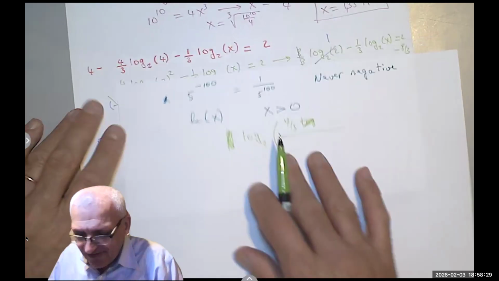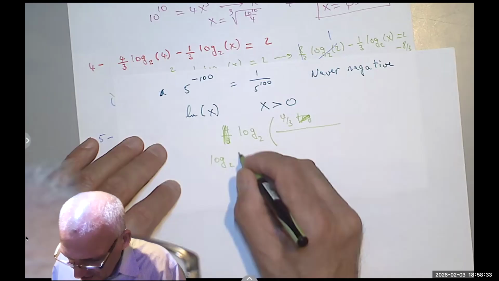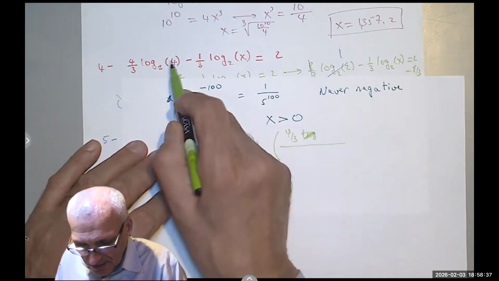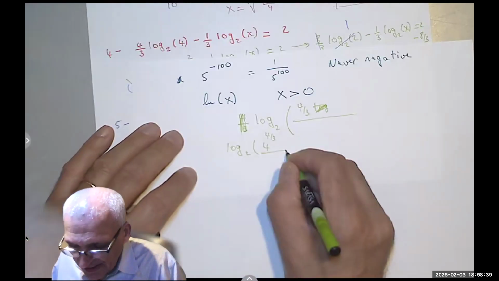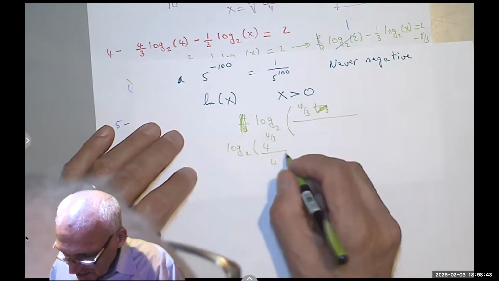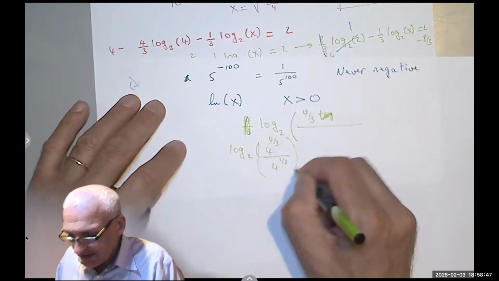In fact, it's easier to say log to the base 2 of 4 raised to the 4/3 power divided by 4 raised to the 1/3 power. That's what I meant to say.